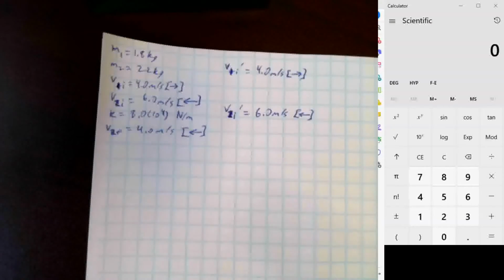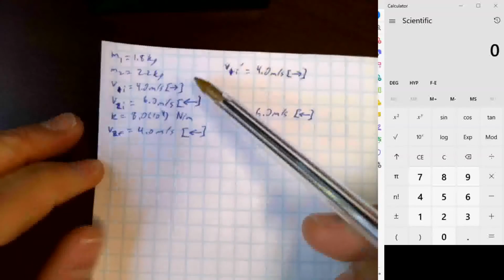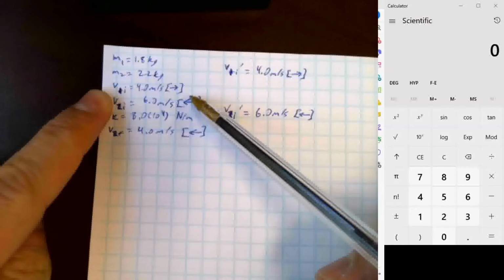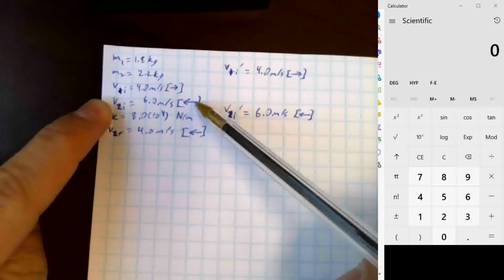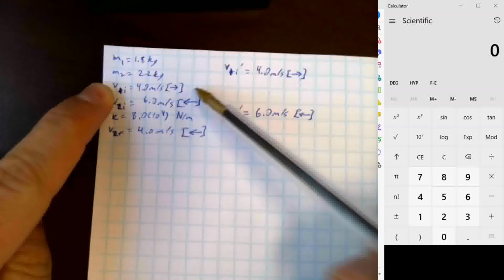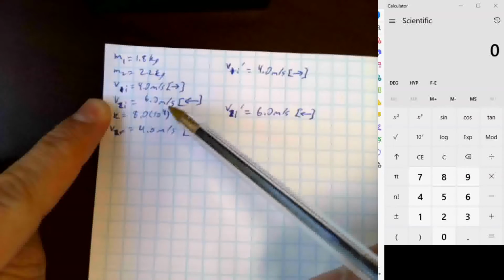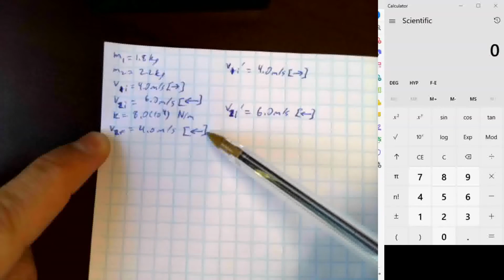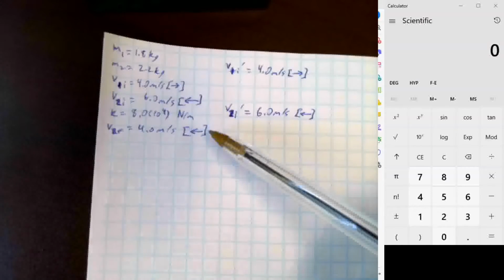So these are the givens for this problem. We have M1 and M2, their masses, V1I and V2I. One is going to the right, one is going to the left. Our K value is listed. Our V2F is going to be 4.0 meters per second to the left.